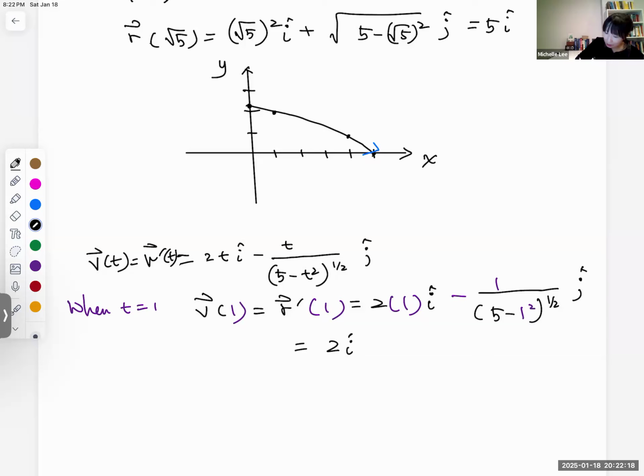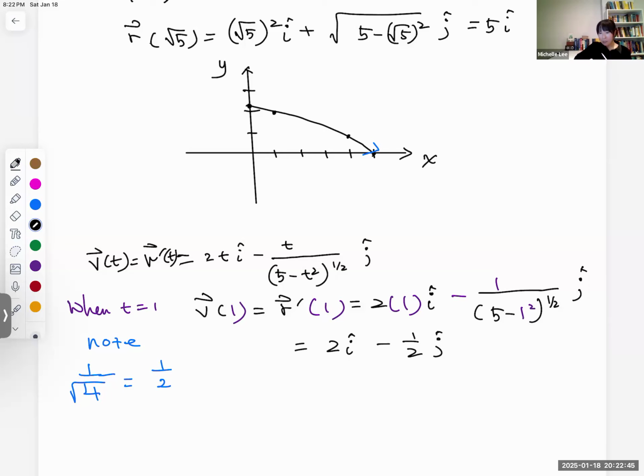So 2i hat, and then we have 4 and 1/2. So negative 1/2, not. We have 1 over 4. So basically the square root of 4, yeah? That means 1/2, so 1 over 2. So we will have 1 over 2 j hat.